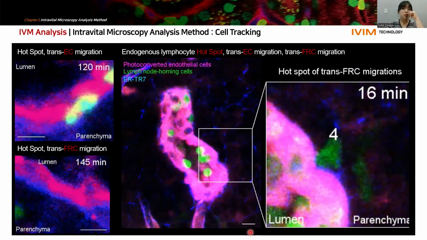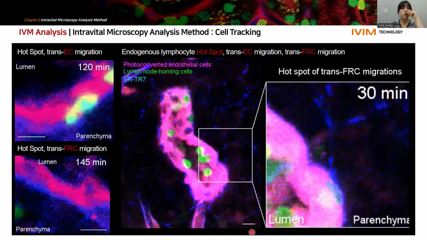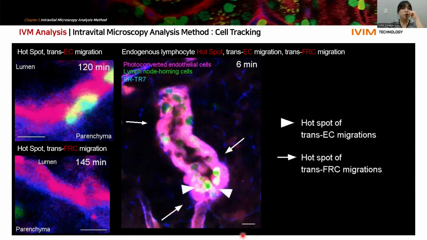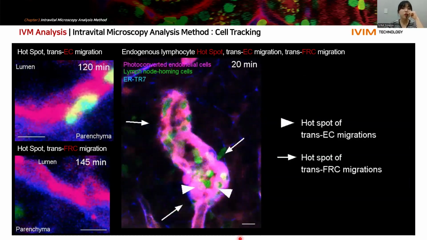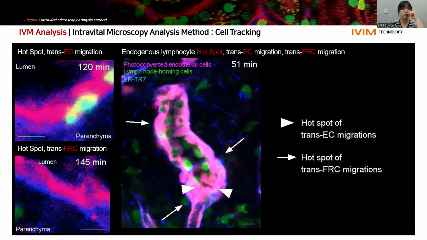Identifying these hotspots provides important spatio-temporal insight into the migration dynamics of individual immune cells and shows how HEVs actively regulate where and how lymphocytes enter the lymph node.